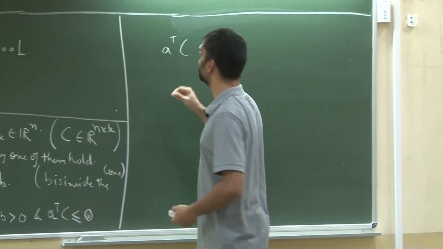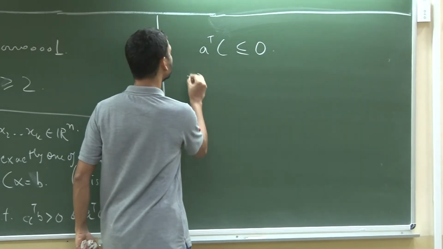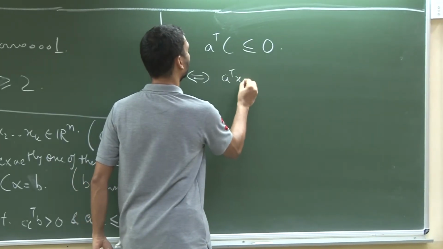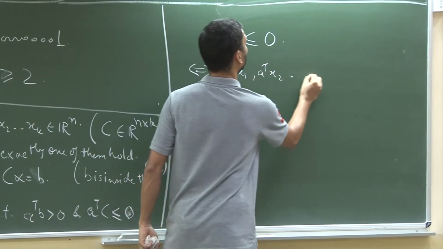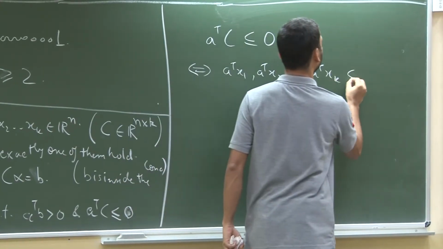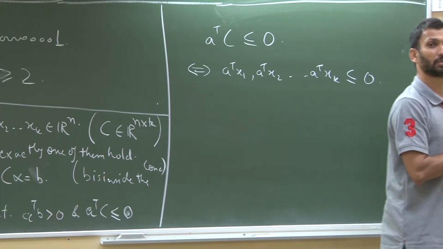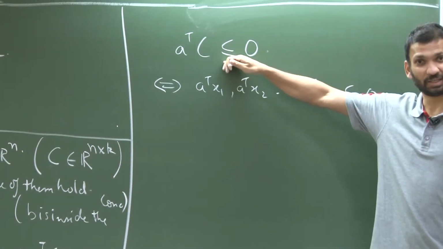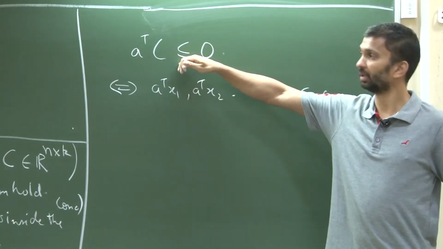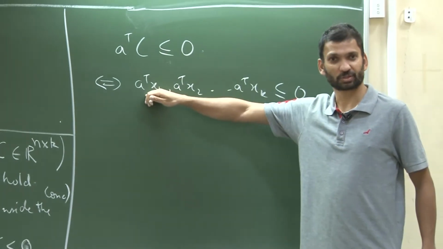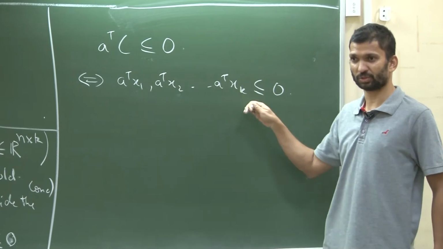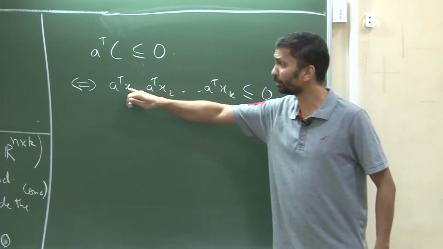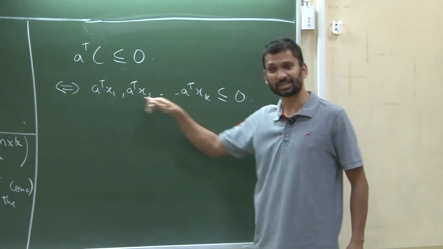So notice what this is saying. This is the same as saying the vector inequality. What is the first coordinate of it? A transpose x1, second A transpose x2, and so on. So you are saying that the inner product of x1, x2, up to xk with a is negative.